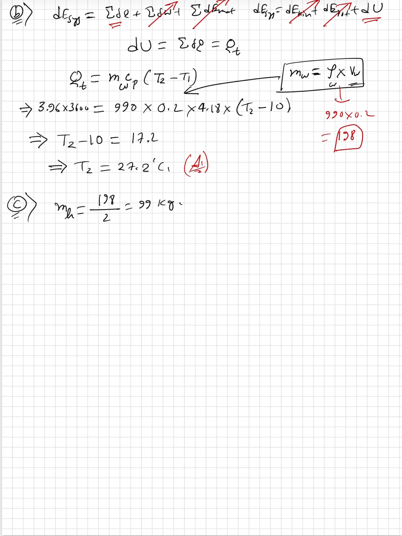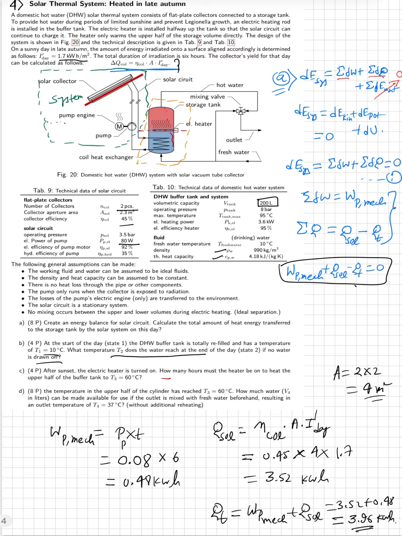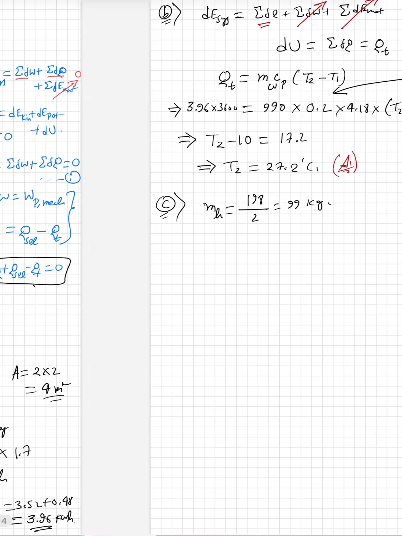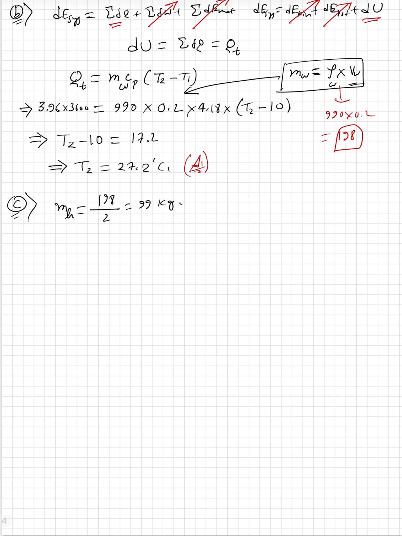And here, you have to calculate the time: how many hours must the heater be on to heat the upper half of the buffer tank to T3, 60 degrees Celsius. So now you have to calculate the heat absorbed when the heater is on.